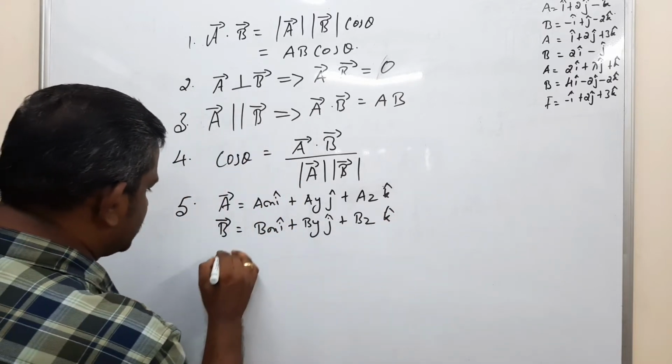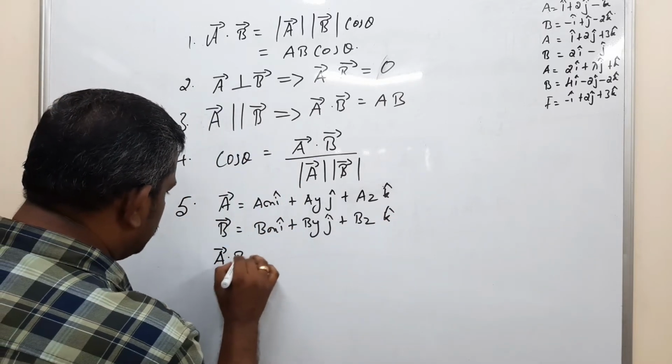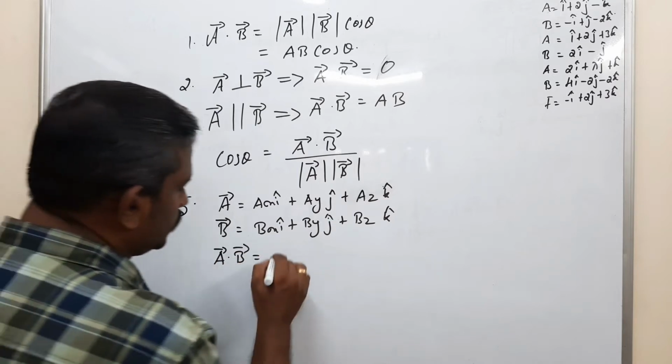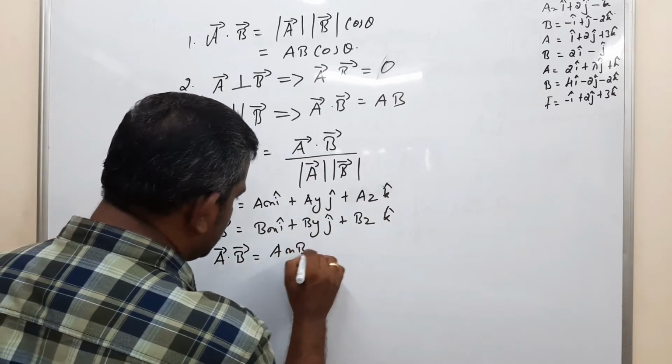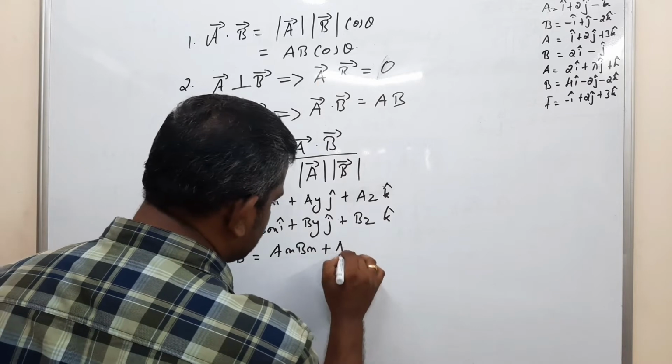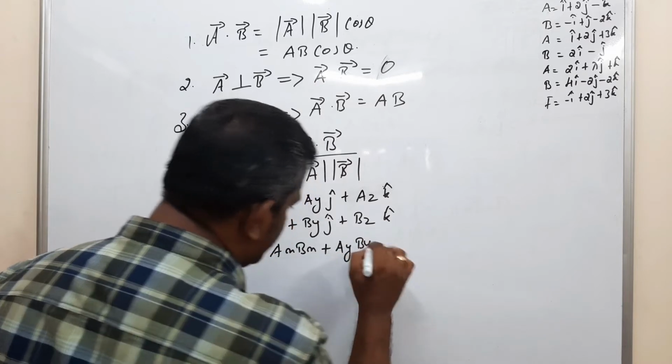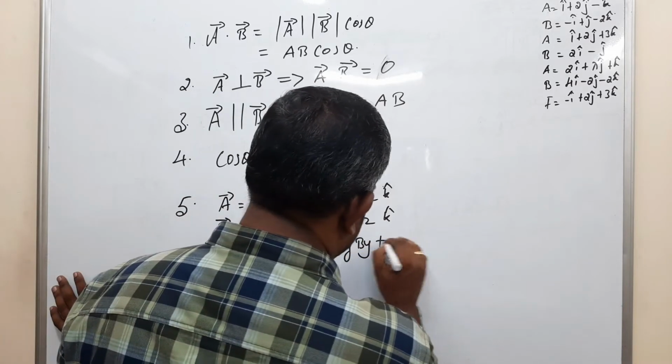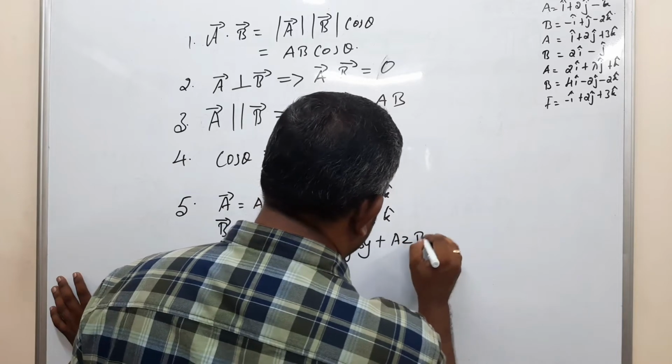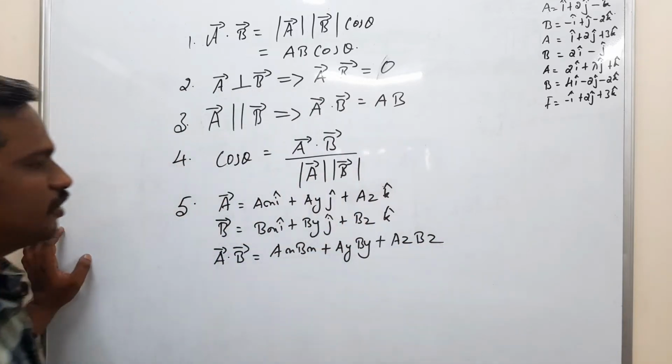Then we can write A vector dot B vector is equal to, what is the formula? Ax Bx plus Ay By plus Az Bz. This is the formula.